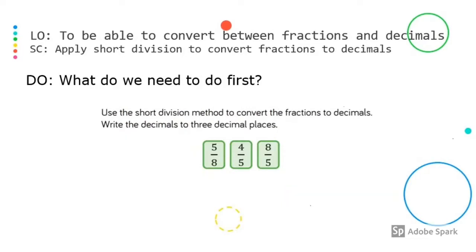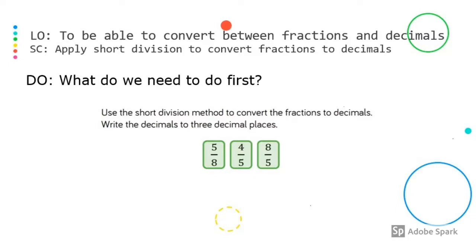I would like you to try using Dina's method of short division to work out these fractions, converting them into decimals. Before you start, let's have a think about the first one together though. We're going to use short division to help us solve this. Remember, the 5 is being divided by the 8.